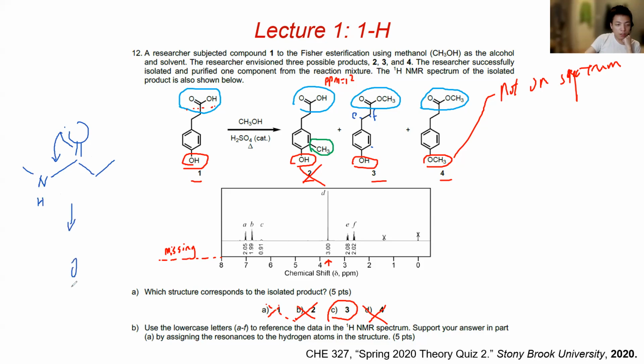That will become an amine. And meanwhile, for the amine, we have H and H. We have a dipole moment here, but then it can also resonate. So that's why an amide is more polar than an amine.